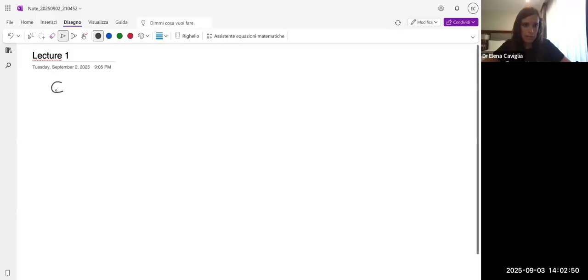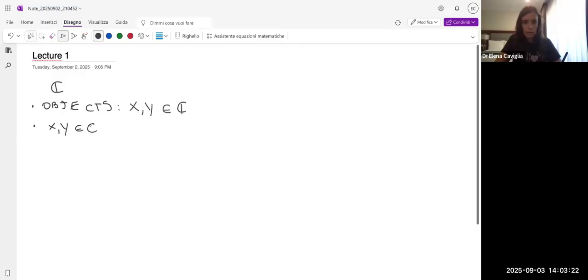So we start with a category C. Category C has objects. We can call them maybe X and Y and so on, and we say they live in C. Then if we take X and Y in C, we have a collection of morphisms between X and Y. This is going to be a set.